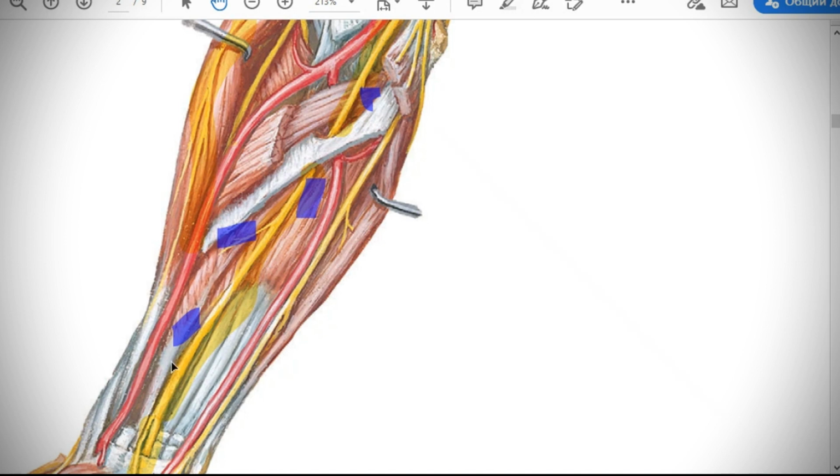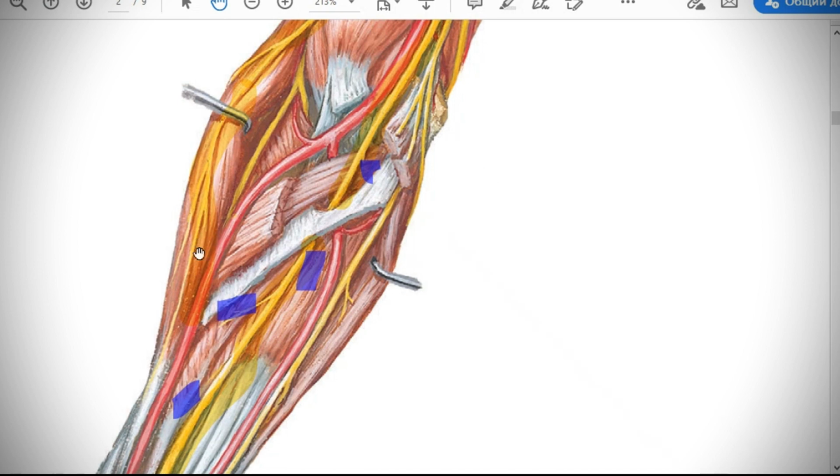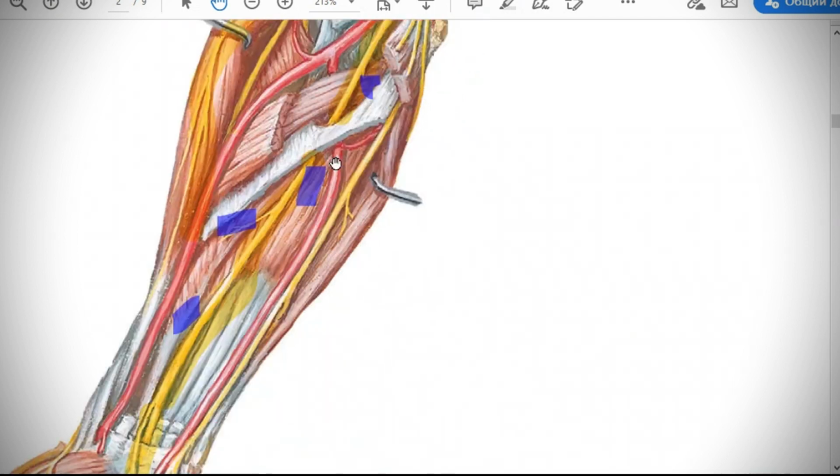Almost all of them are innervated by medianus, and only flexor carpi ulnaris and the ulnar head of flexor digitorum profundus are innervated by ulnaris. And brachioradialis is related to the anterior group, and it's innervated by radialis. The posterior group of muscles of the forearm is innervated only by radialis, by the deep branch of the radial nerve.